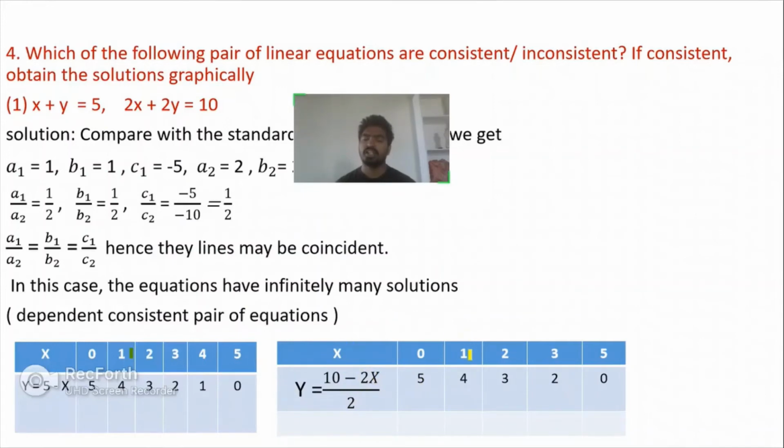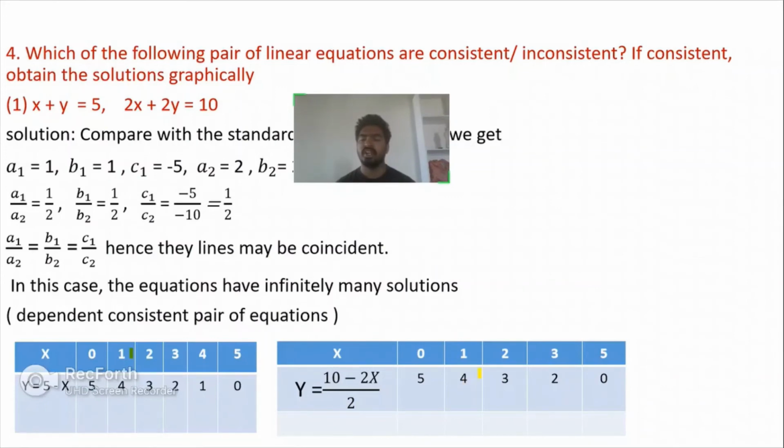If I take x is equal to 1, then y is equal to 4. If x is equal to 2, then y is equal to 3. If x is equal to 3, then y is equal to 2. And if x is equal to 5, then y is equal to 0. Now up to now, we have obtained points for each individual equation.